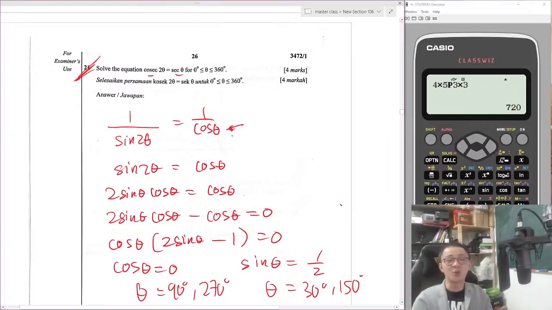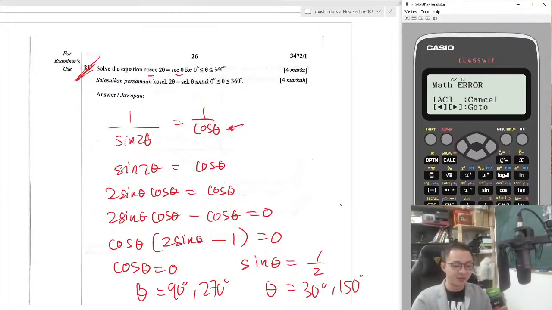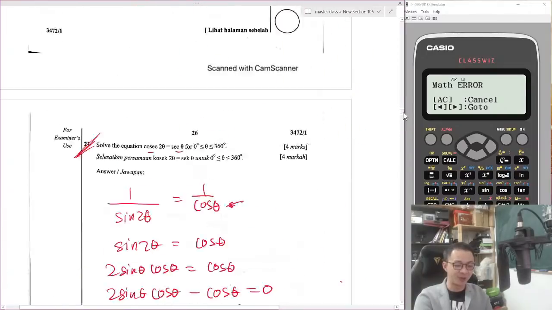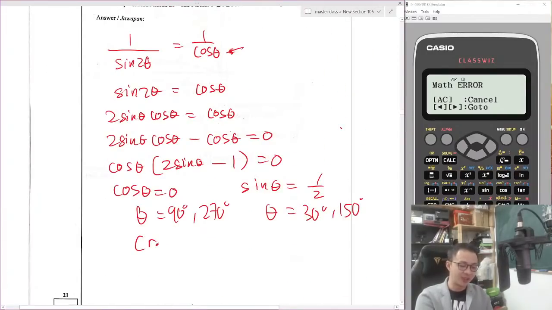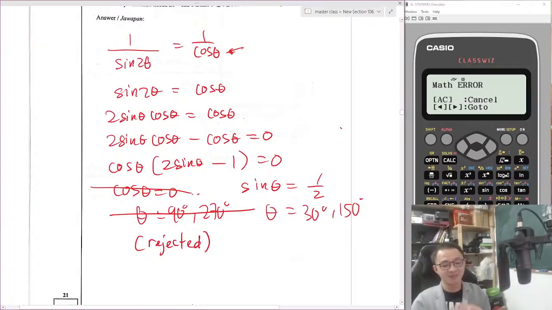We have the equation 1 over cos theta, so cos cannot be 0, because 1 divided by 0 gives a math error. So we need to reject these answers, and the marking scheme answer is correct. Sometimes we need to think about that as well. However, if in the exam you have an equation like this, then you must include cos theta equals 0.